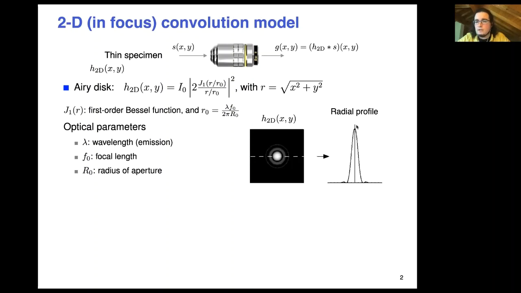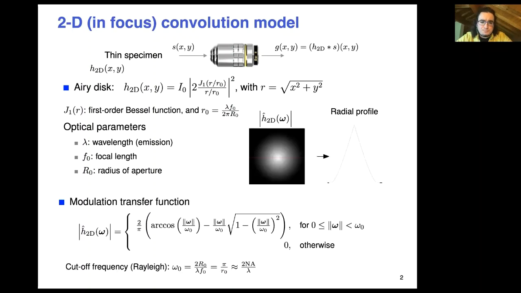If you look at the radial profile, you see that the lobes are substantially attenuated, but still it's very different to convolve by this than to convolve by its Gaussian approximation. So if you want to get specific about the convolution, substituting one by the other may not be such a great idea. The behavior of this function is heavily characterized, as I was saying, by the radius of the aperture and the focal length that you've set in the microscope.